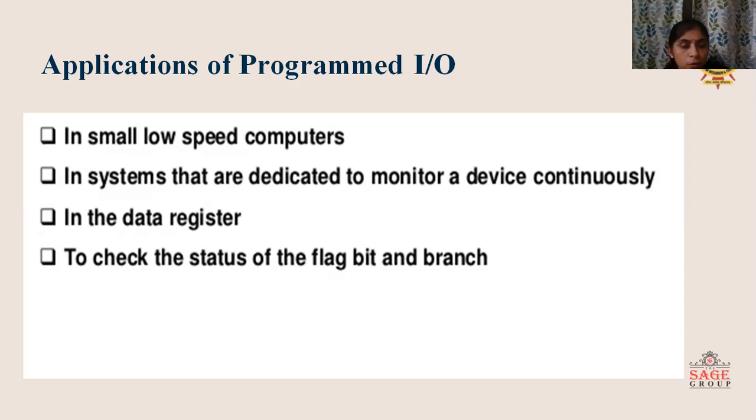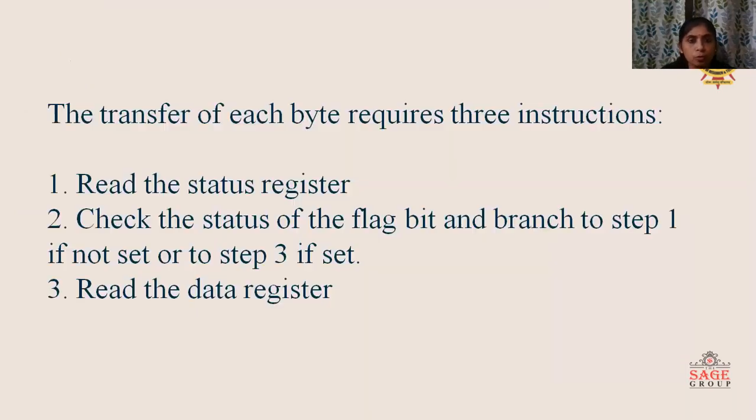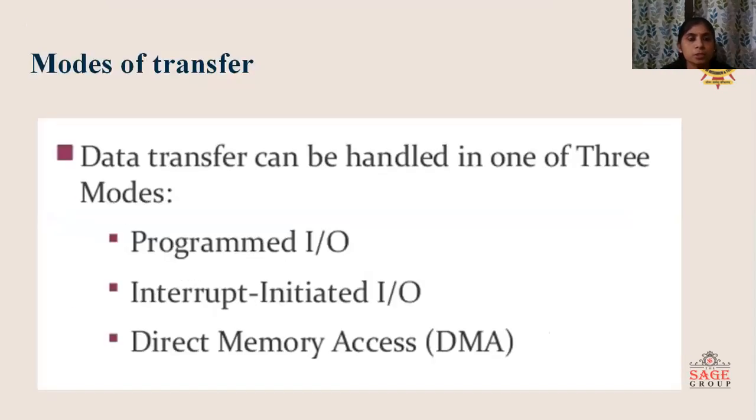In order to avoid this disadvantage, that the computer has to monitor the input output device continuously, the second type, as I have told you, there are three modes of data transfer: programmed input output, interrupt initiated input output, and direct memory access.